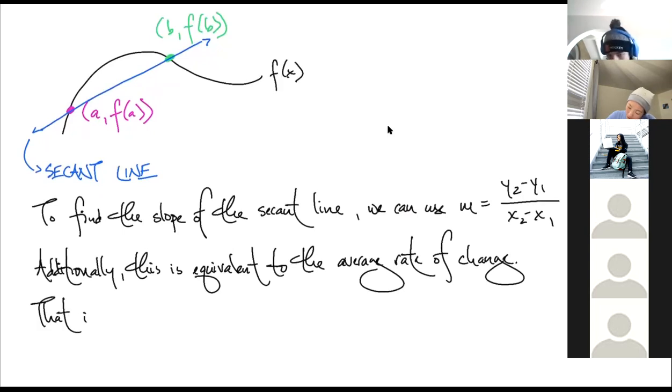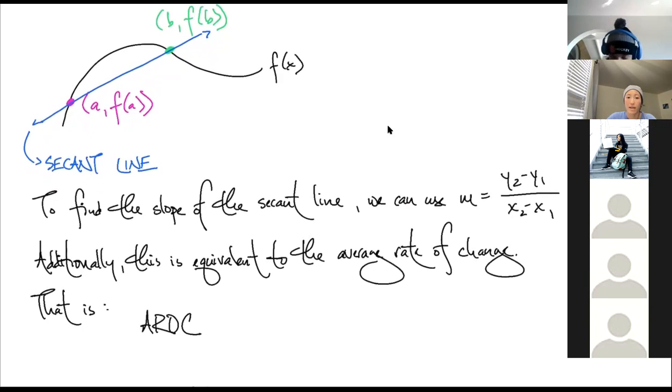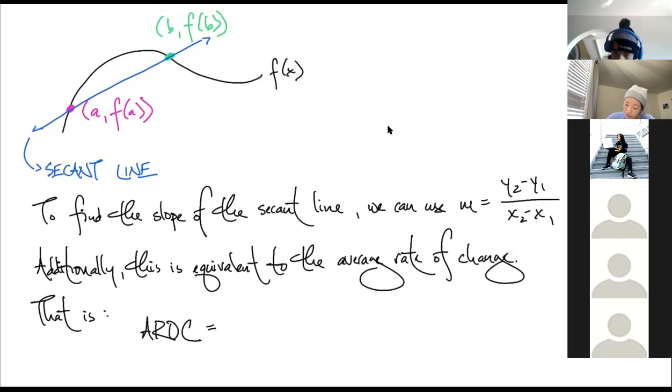That is, we can say that average rate of change, and here's where I'm going to abbreviate, AROC, average rate of change, is the same as, and let's use the notation from our picture, f of B minus f of A over B minus A.